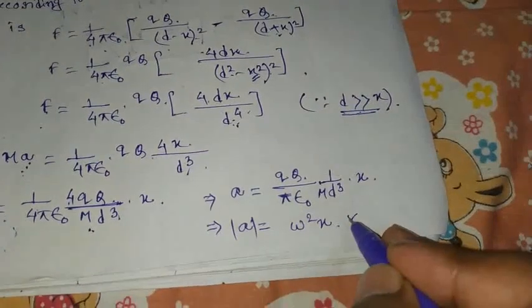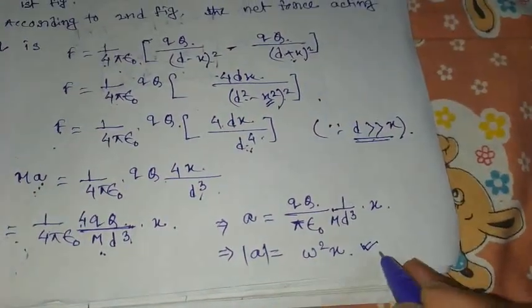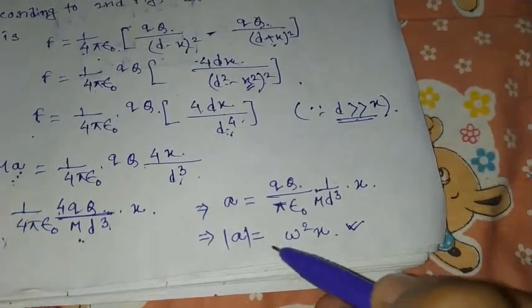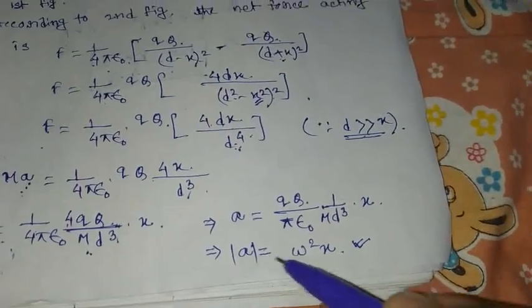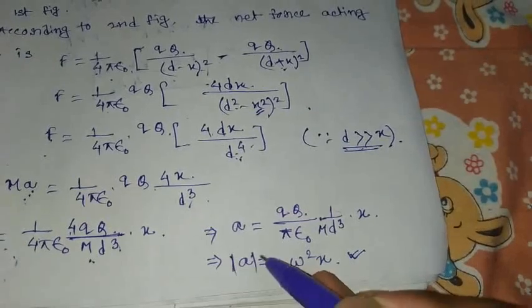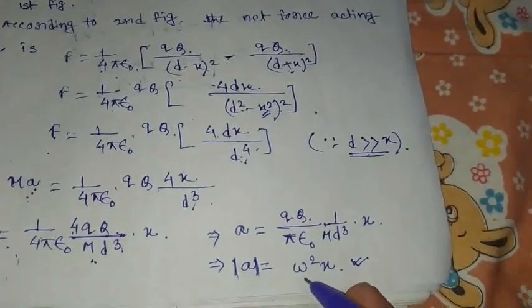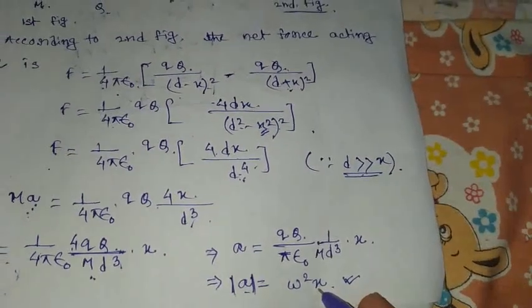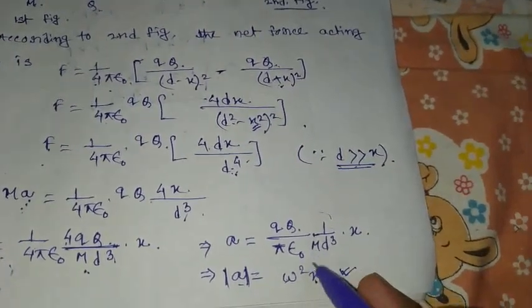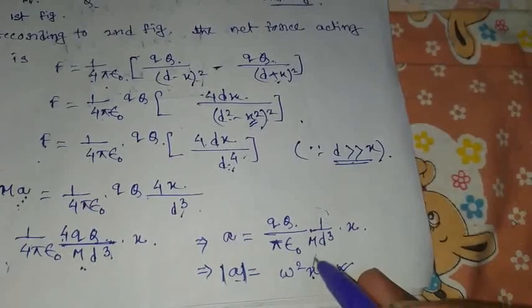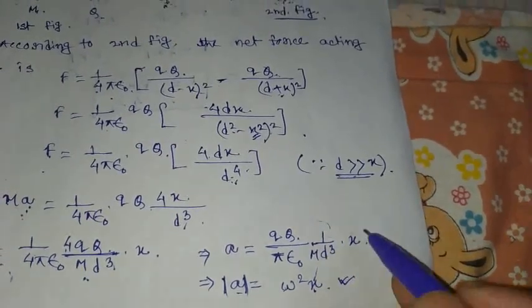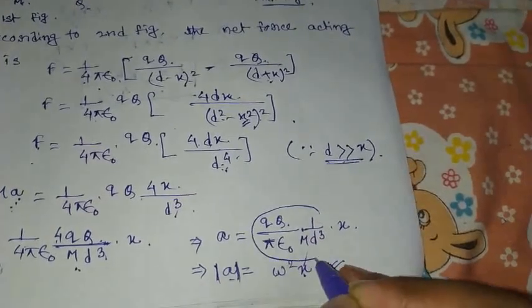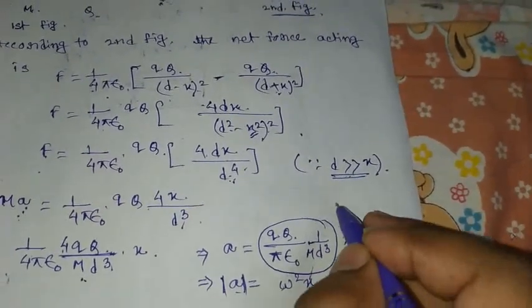And we know from class 11 the equation of SHM can be written as a equals omega square x, where we have applied the mod sign to neglect the minus sign, that is, a is proportional to x. So if we compare these two relations, we can easily take this value as omega square.